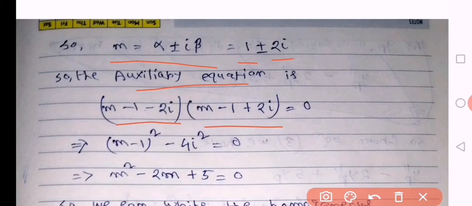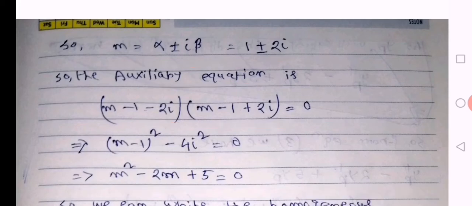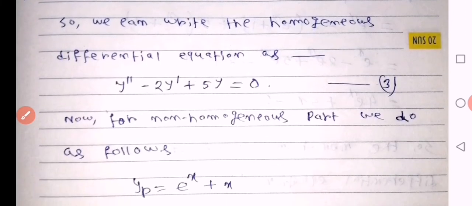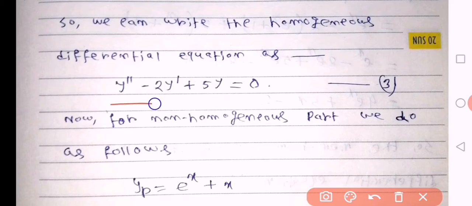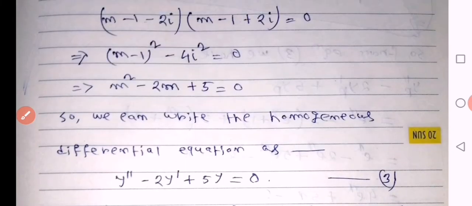After calculating, we will get m square minus 2m plus 5 equal to 0. So, we can write the homogeneous differential equation as y double dash minus 2y dash plus 5y equal to 0 by seeing this auxiliary equation.